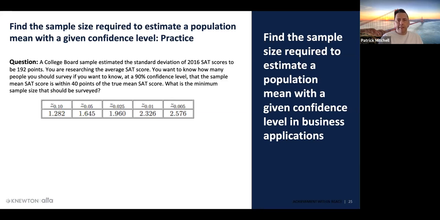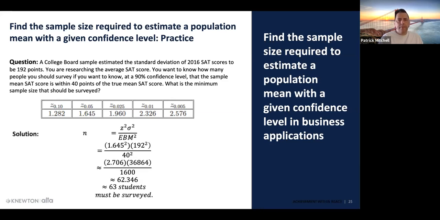So using that same formula, 90% confidence level means Z is 1.645. This time they are using the correct standard deviation. The standard deviation is 192. And we want the margin of error to be no more than 40.